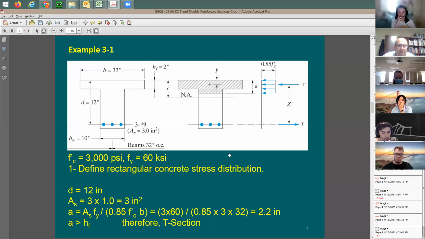So at the beginning, let's just consider this a rectangular section and the compression block is going to be right here. It's just my assumption, right? Because it could happen that the compression block depth a is going to be within hf. You know what's going to happen in this case? I'm going to consider it to be a rectangular section, right? Now, where is the width of this rectangular section? It's going to be the 32 inch, not the 10 inches.